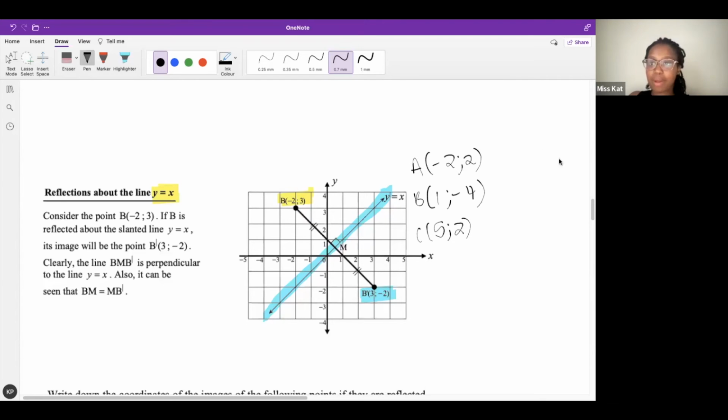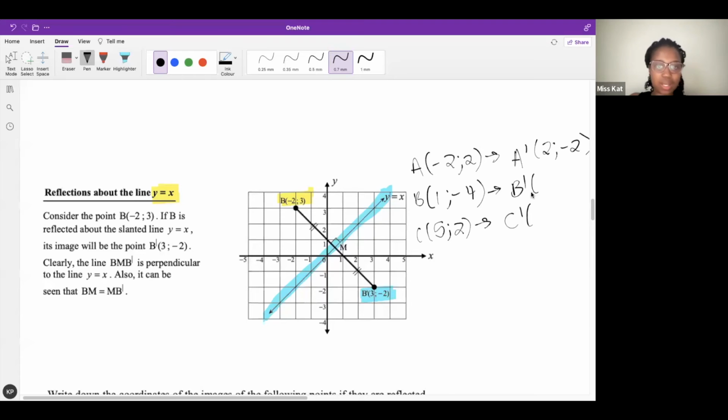What will A prime be? Thank you, Nolutando. It will be 2 and -2. What will B prime be?